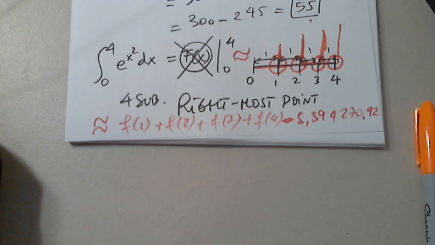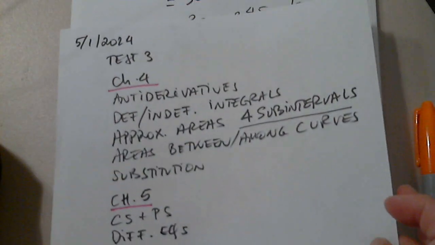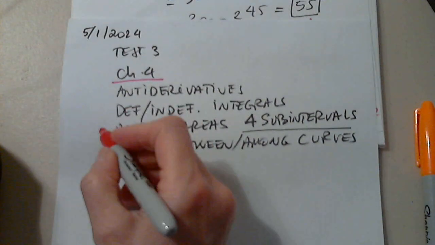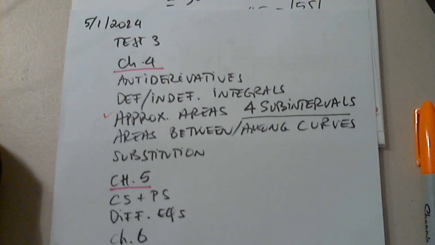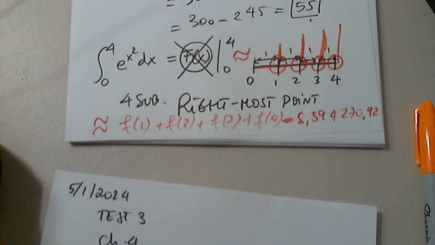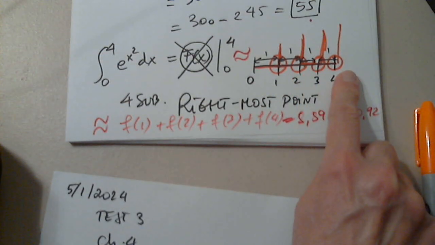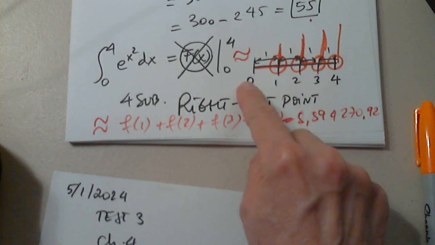Okay, very good. That was approximating areas. Very simple. You're going to have only 4 subintervals, and I will indicate leftmost point or rightmost point. Be very careful. Circle what you need, so you don't start from 0.